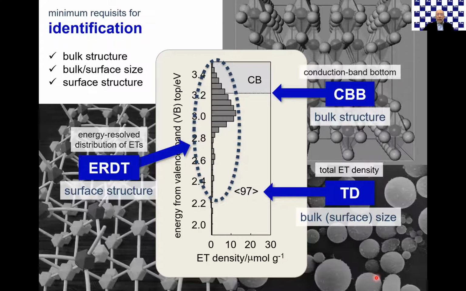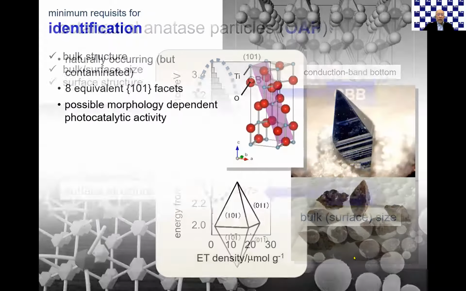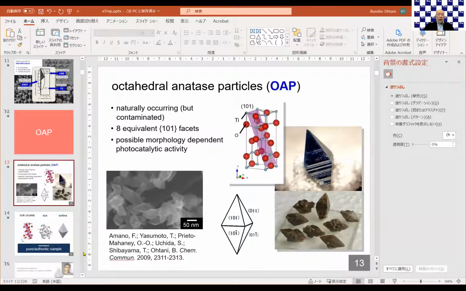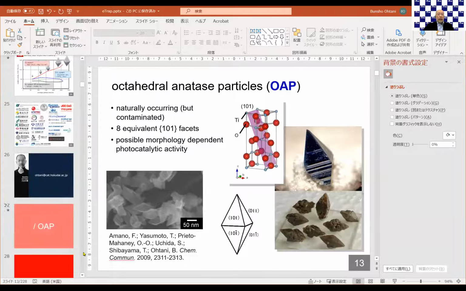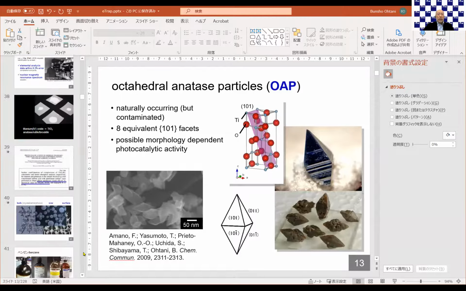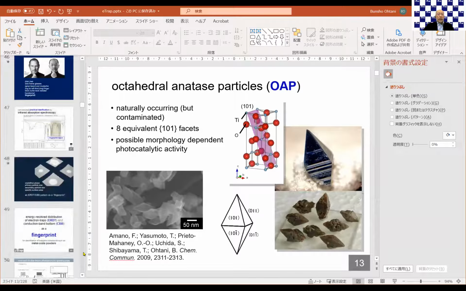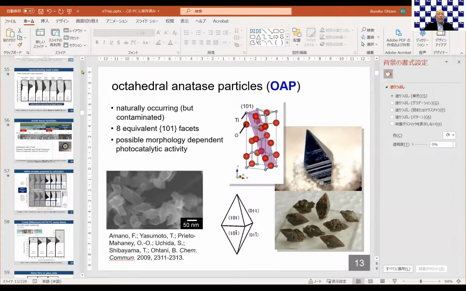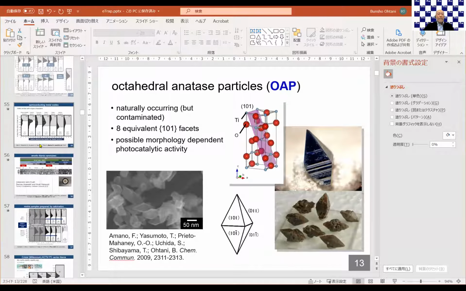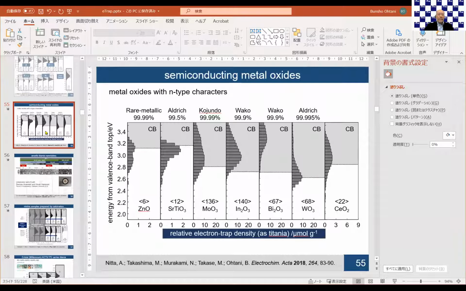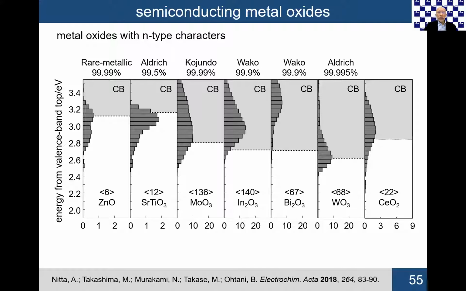So then, the other samples, for example, for the other kinds of metal oxide, we cannot check all the metal oxides because there are so many samples.